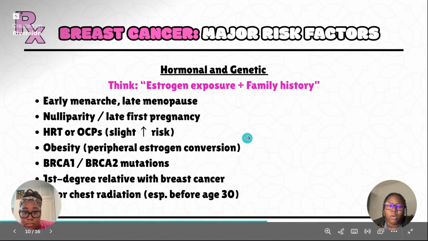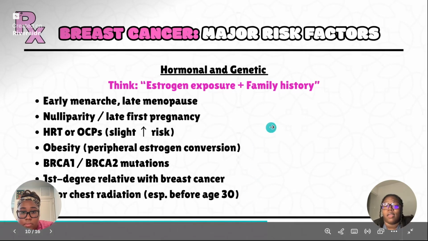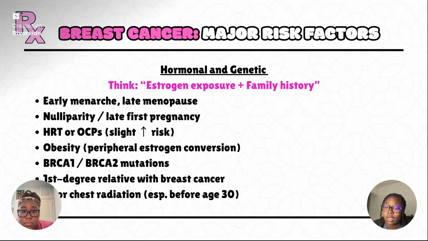Hormone replacement therapy or oral contraceptive pills, obesity, because the estrogen is converted in the periphery in the adipose tissue. And then for family history and genetics, we have BRCA1, BRCA2 mutations, a first degree relative, and again prior chest radiation. So very good, very good.